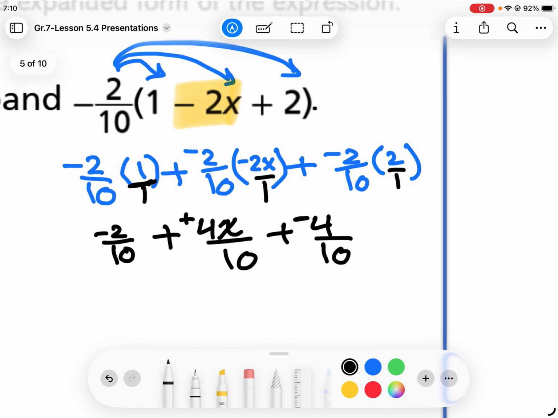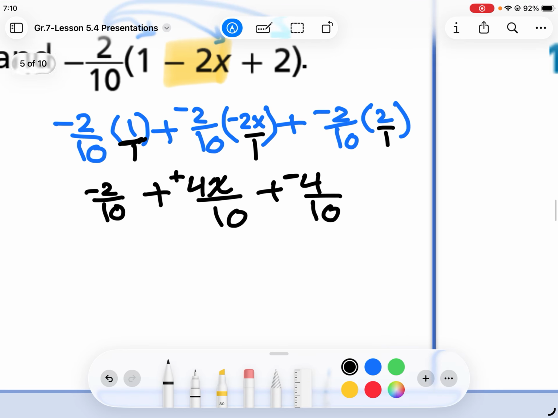And now, as you notice, we have like terms, so we can simplify more. After we expand in this question, we can simplify more by combining like terms. I'm going to highlight them. I noticed that negative 2/10 and negative 4/10 are like terms because they are both constants.